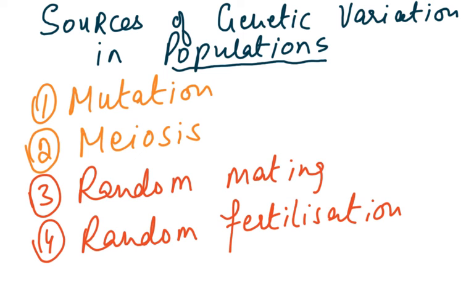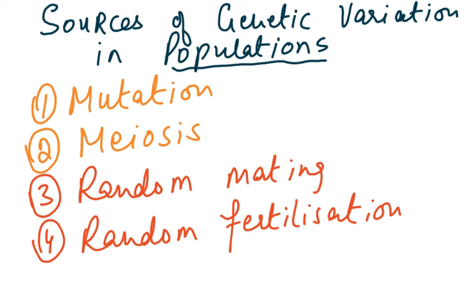We can't say population of birds because birds are different species, so we have to name one specific bird. So we say population of green parrots, or population of pigeons.